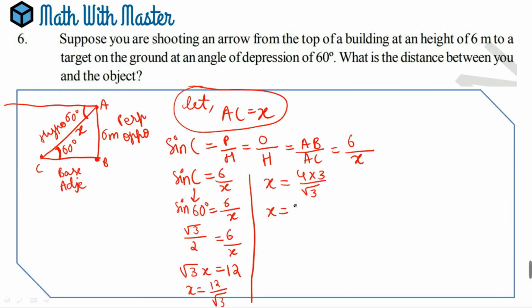We can write 3 as root 3 into root 3, so this is 4 into root 3 into root 3 upon root 3. Root 3 and root 3 will get cancelled, and the answer will come 4 root 3.